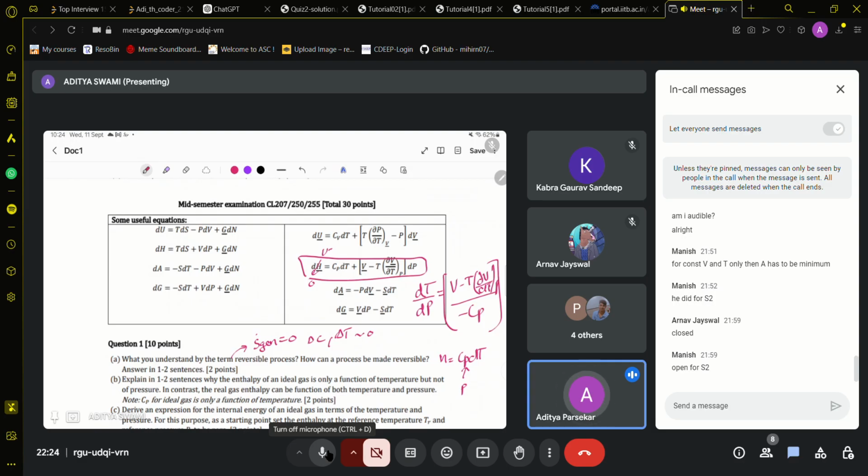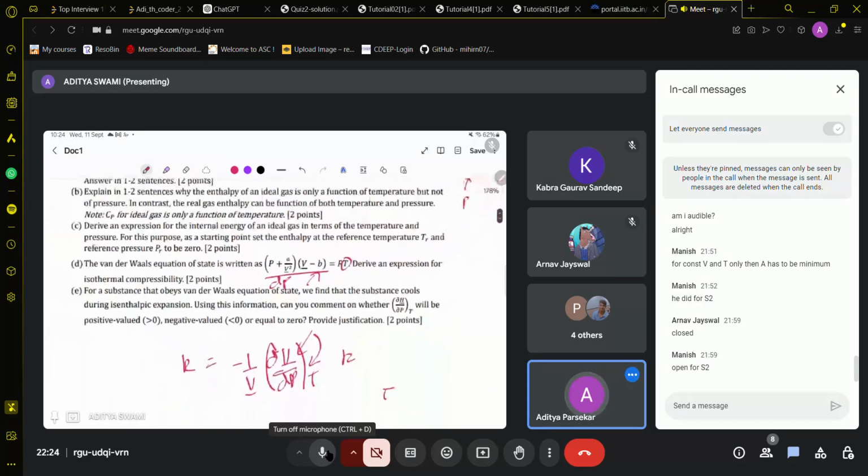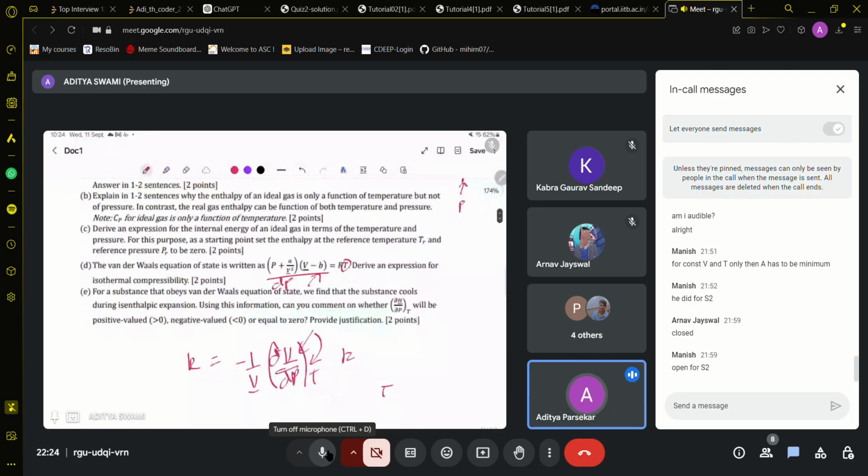So this is the equation that we get for dT by dP, and it is asked that can you comment on whether dH by dP will be positive valued?